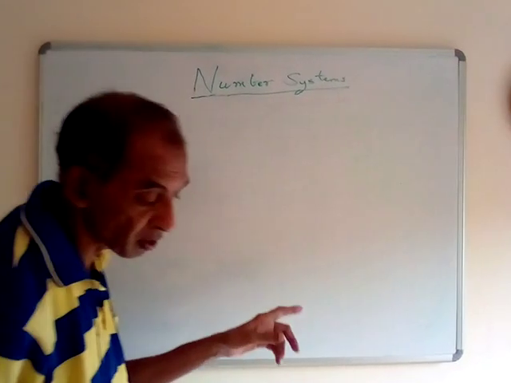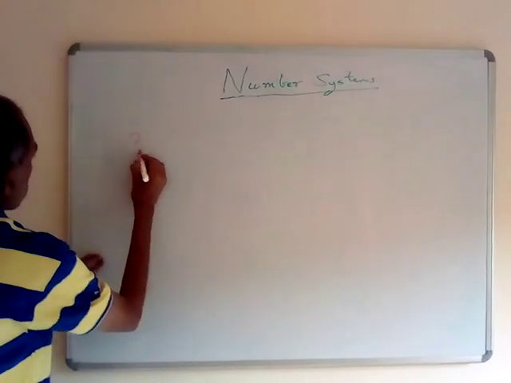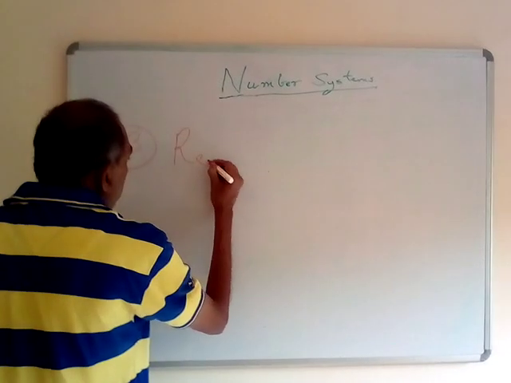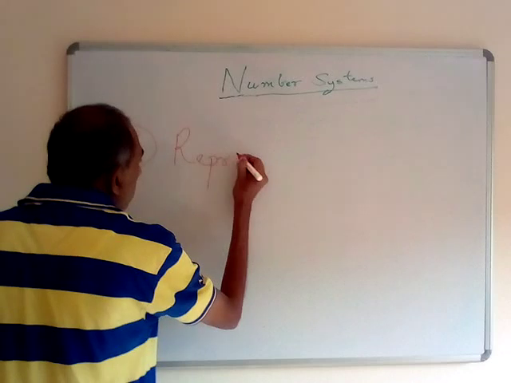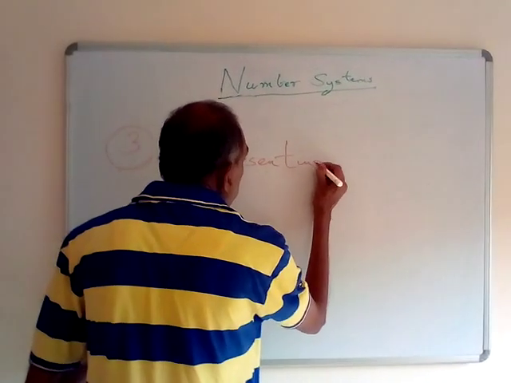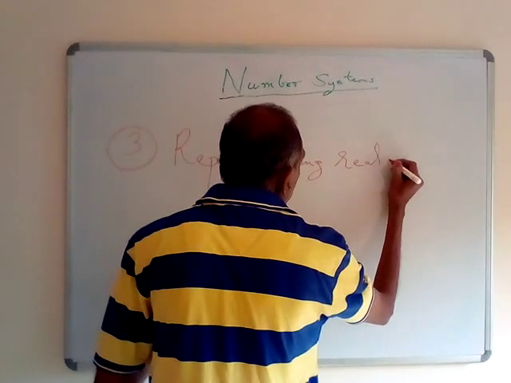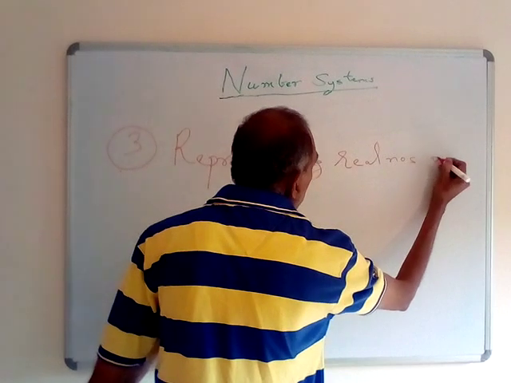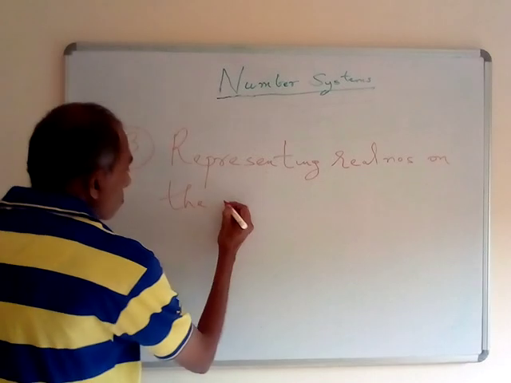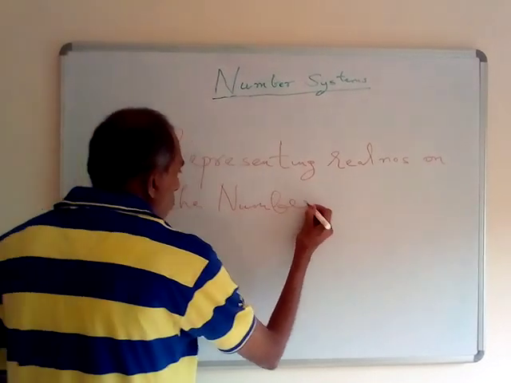Then the next subtopic under number systems is representing real numbers on the number line.